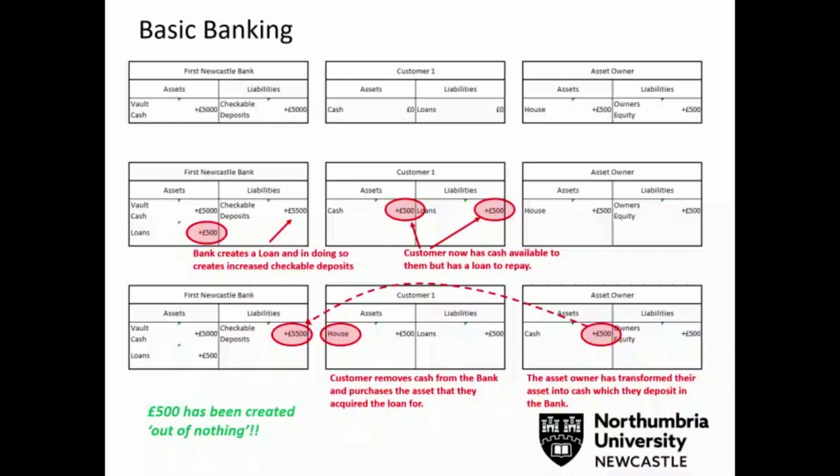So this does seem a bit odd, in that the bank has generally just typed £500 extra into its computer and then assigned the cash and the loan to the customer.